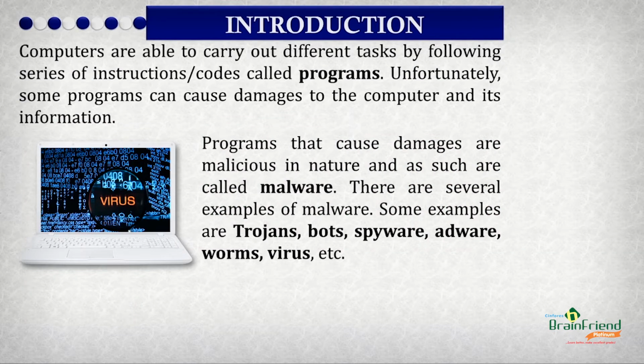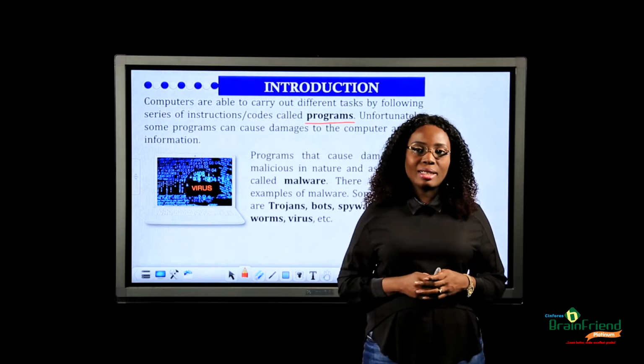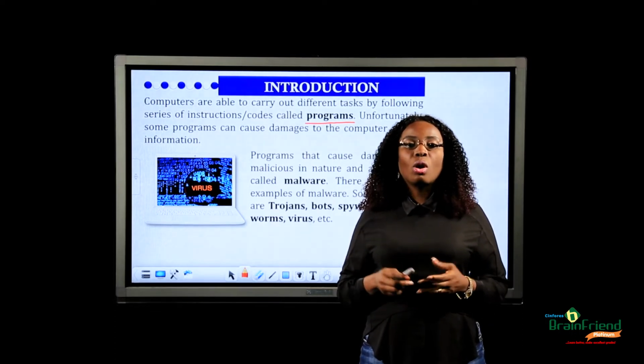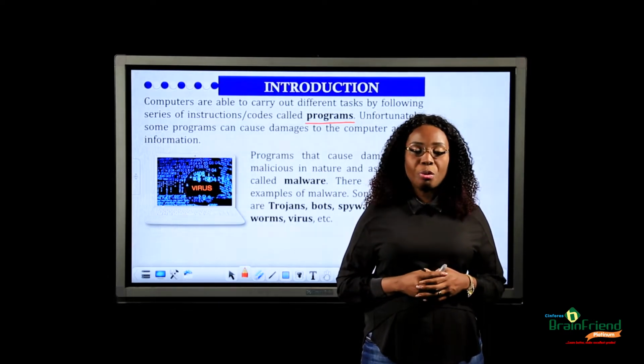Every day, people use computers to carry out different tasks. And computers are able to carry out these different tasks effectively by following a series of instructions or codes called programs. But then, there are certain programs that carry out tasks not intended by the user, and these tasks in turn cause harm to the computer and also to the information contained in the computer.